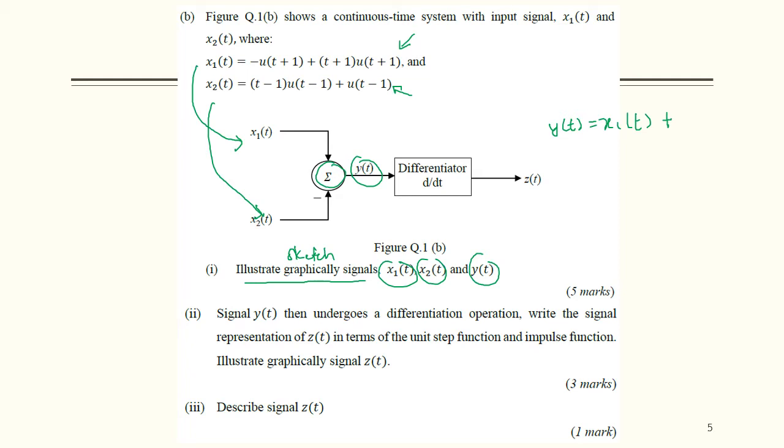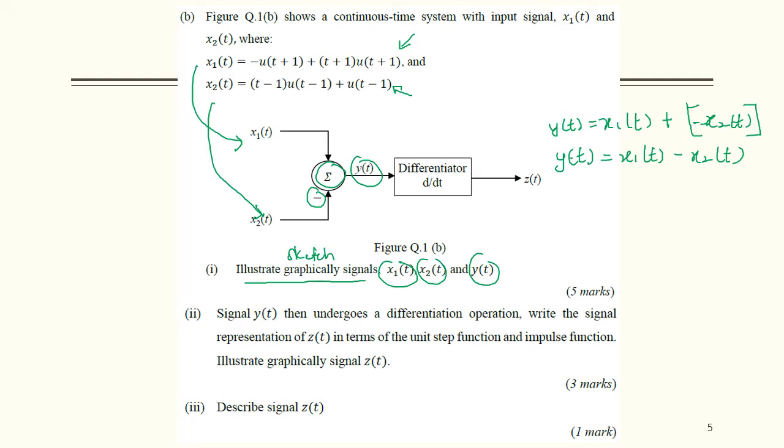In this case, you'll notice x2(t), but here you have a negative belonging to x2. So this is equal to x1(t) minus x2(t).